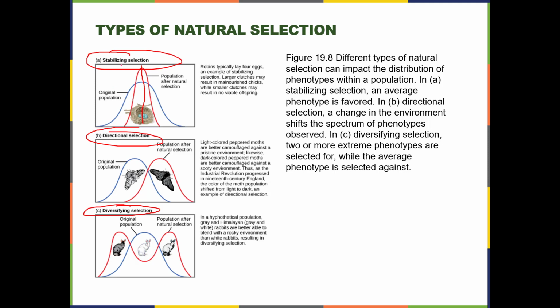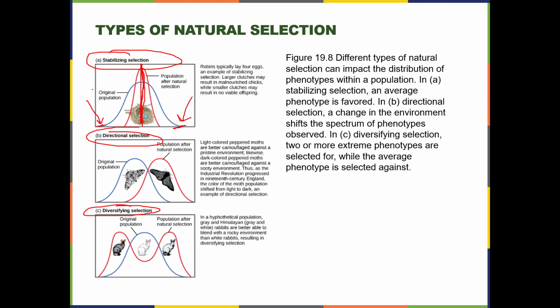So stabilizing selection favors the middle ground more than either of the extremes. Or you could say that stabilizing selection is where the extremes are disfavored, and then by default the middle ground is favored. There are some negatives on either extreme of the phenotypes.